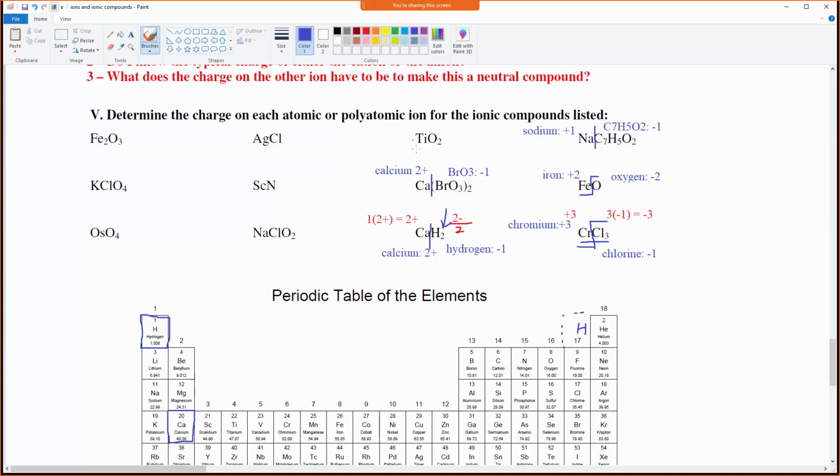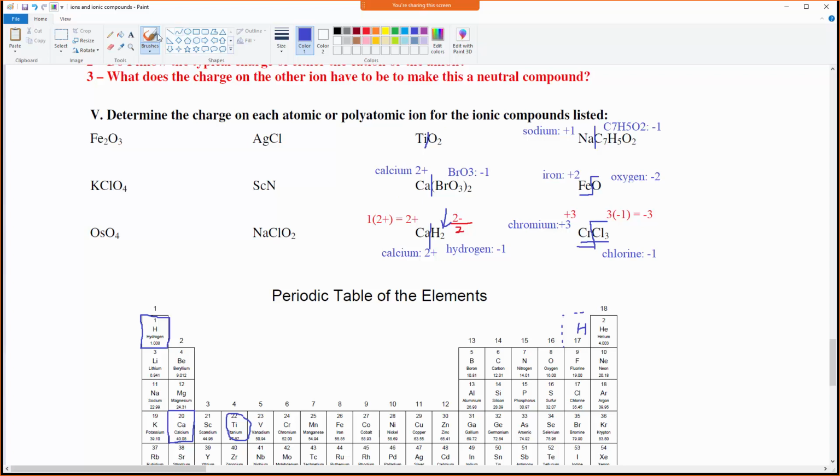Excellent. What about TiO2? Ti is your cation. You guys are getting quicker at this. I'm impressed. Okay. Titanium is the cation, and titanium being right here, we don't know a lot about it.